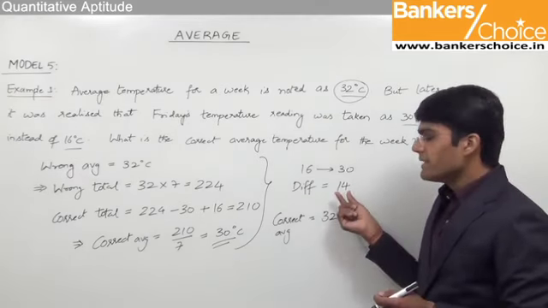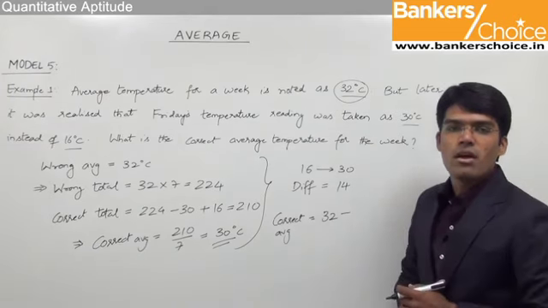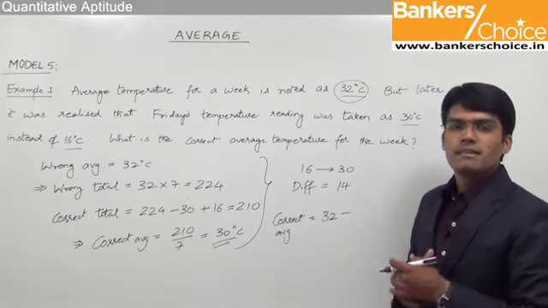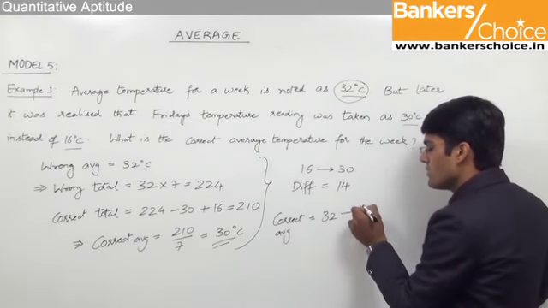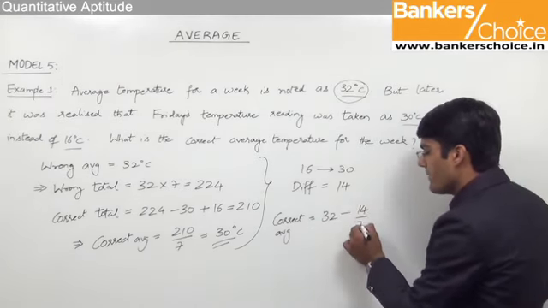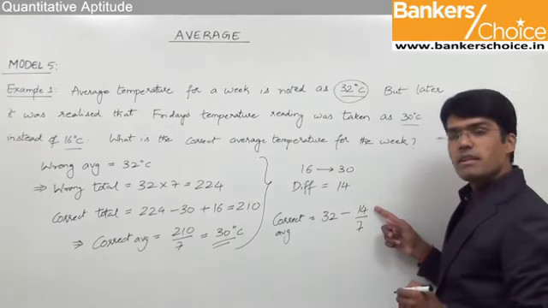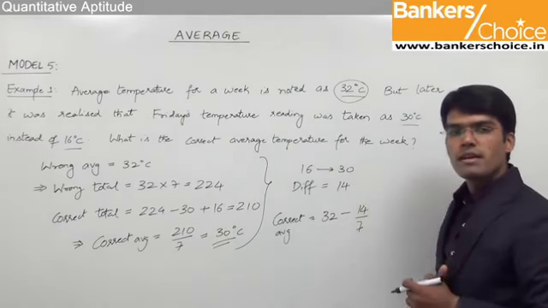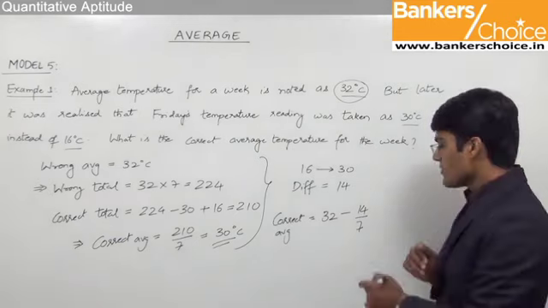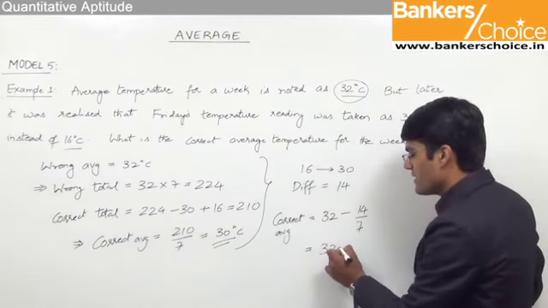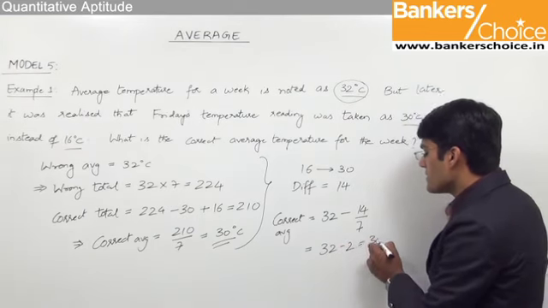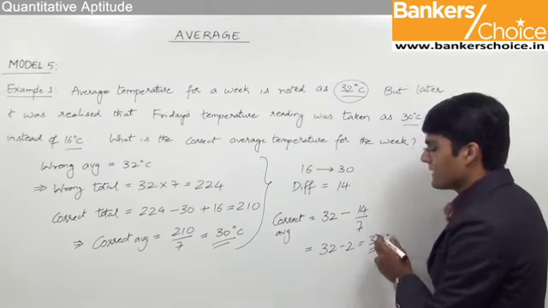So this 14 degrees should be divided equally among all the 7 days, and then subtracted. So the correct average should be 32 minus 14 divided by 7. 14 by 7 is equal to 2. So the correct average is 32 minus 2, which equals 30 degrees centigrade.